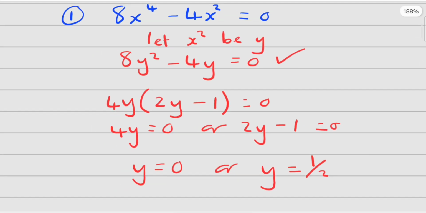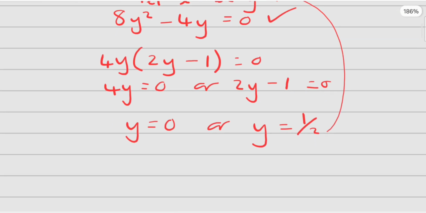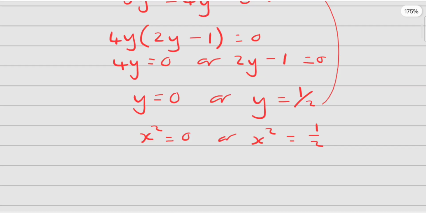But now we need to go back to this. Y is standing in for x squared, right? So then you have to say x squared is equal to 0, or x squared is equal to half. And for us to get x values, right, we say we square root both sides.